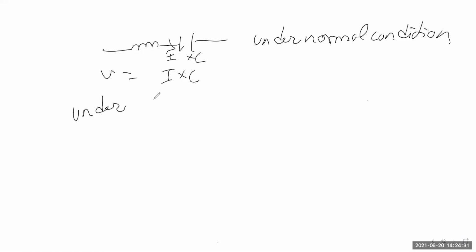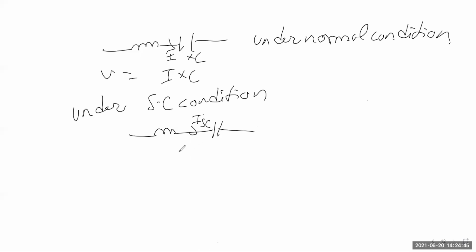Now we know V equals I XC under normal condition. Second, under short circuit condition, the current will be ISC, so VSC would equal ISC into XC, right?